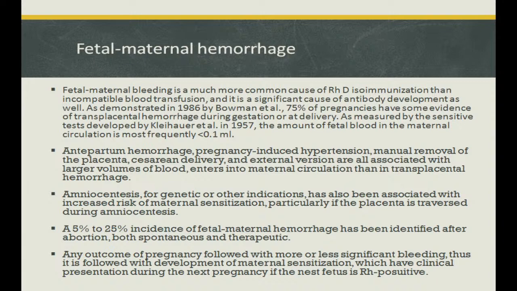We distinguish external version, which is done through the abdomen. It may be followed by rupture of some small vessels without appearance of bleeding, without even appearance of blood-stained discharge, but with entrance and increasing of the volume of fetal maternal hemorrhage.